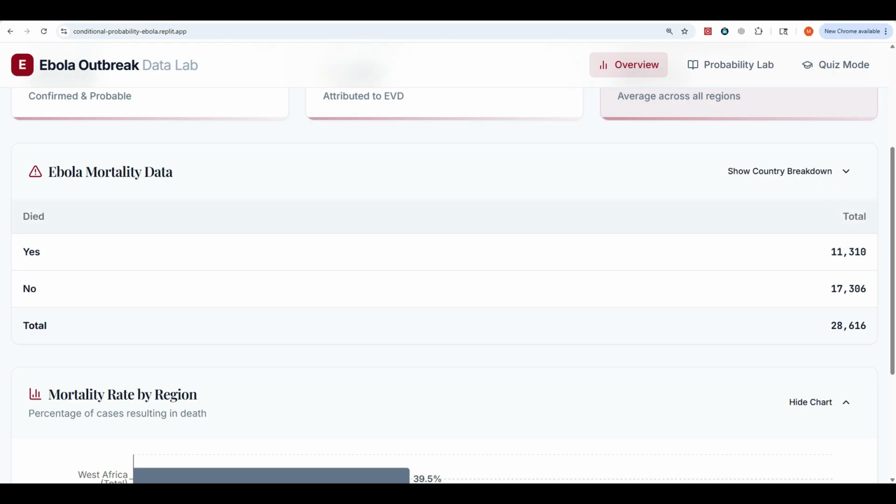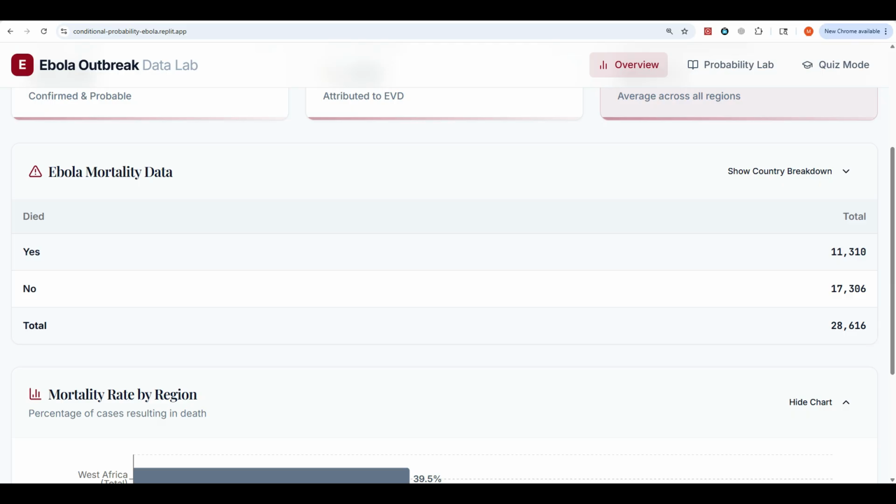Total number of cases, and then the 11,310 deaths. And what you have then is a tabular representation of that information. And so it's worth a conversation with your students talking about the high fatality rate with this particular virus.